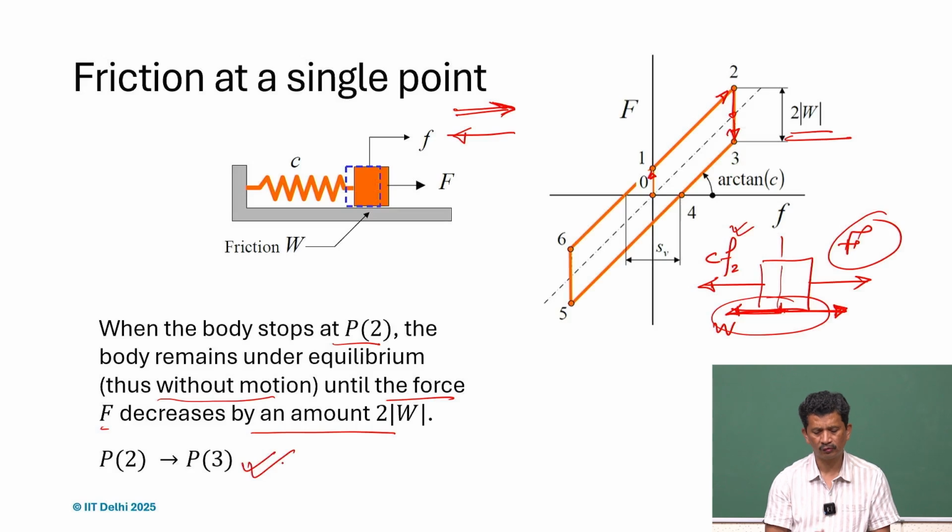So 2 to 3. So we'll reach from 2 to 3. There is no deflection, but there is a drop. Force will change by this amount to W. And then only it will start moving this way.